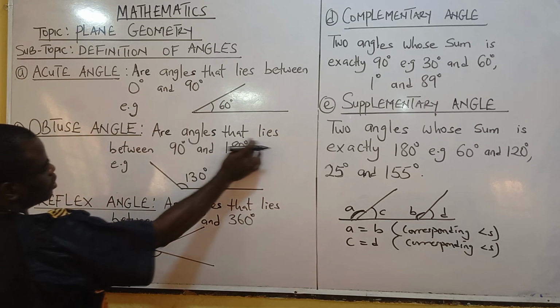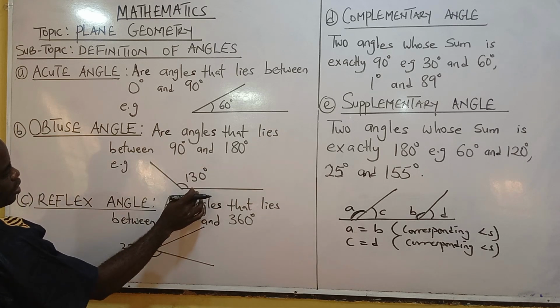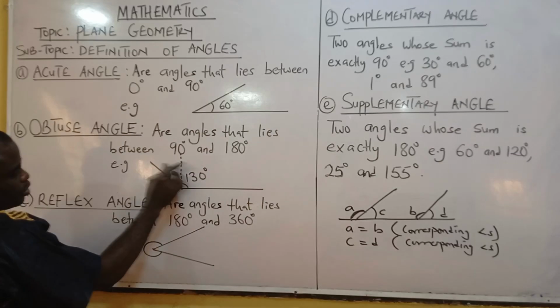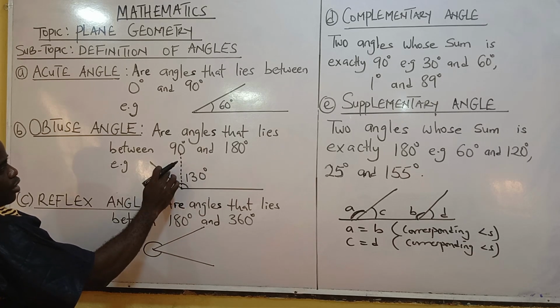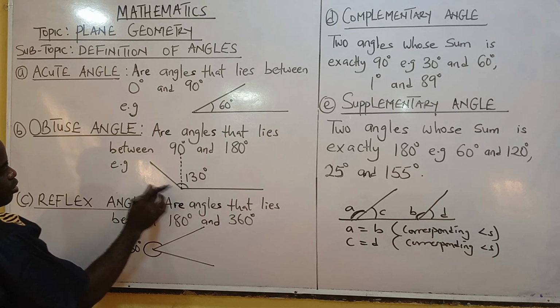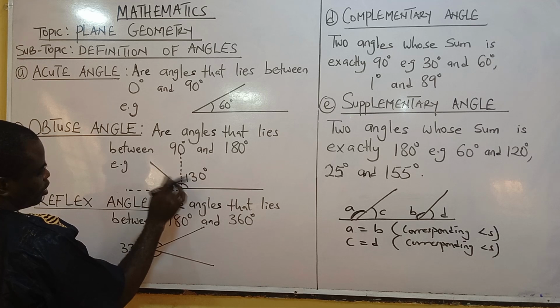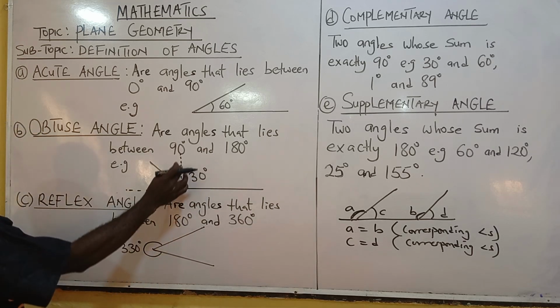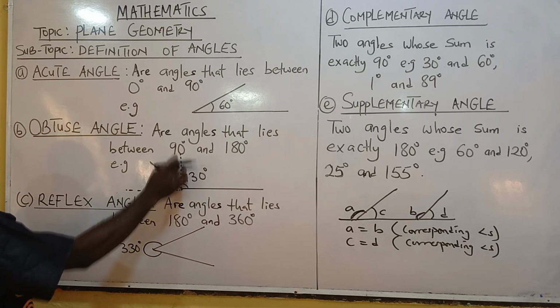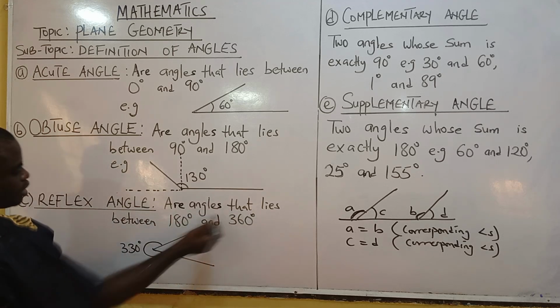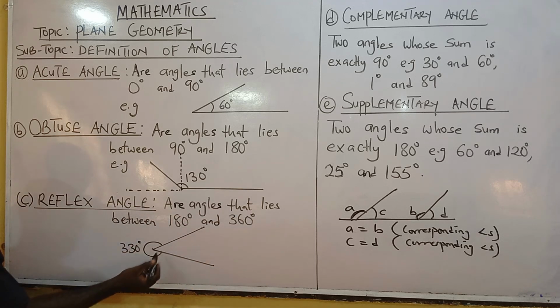Obtuse angles are angles that lie between 90 degree and 180 degree. You can see this line is 90 degree, it goes beyond 90 degree. 180 degree is to this point, so this line is between the two dotted lines, 90 degree and 180 degree. Reflex angles are angles that lie between 180 degree and 360 degree.